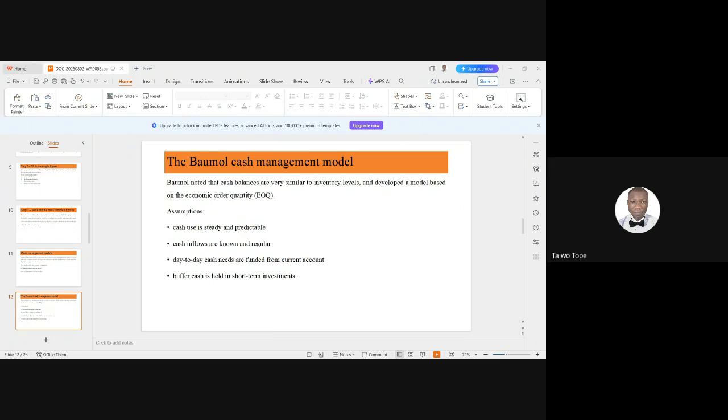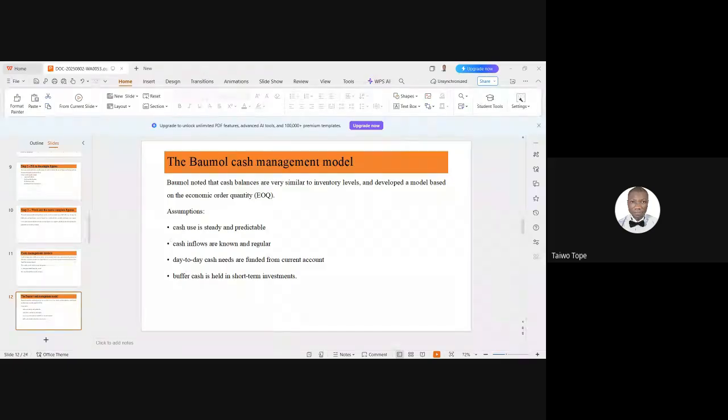It is the reserve cash balance that is maintained by a company to protect against uncertainty in form of cash inflows and outflows. Because somebody can just knock on your door untimely, it is that buffer cash that will save you at that point. You understand? So some businesses' cash flows are often unpredictable.